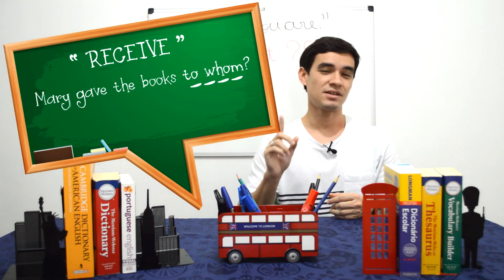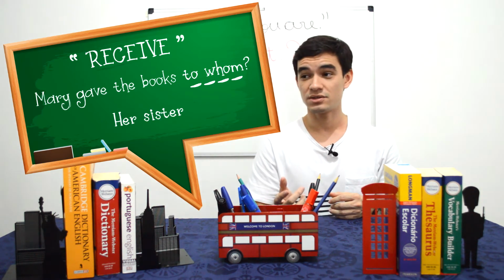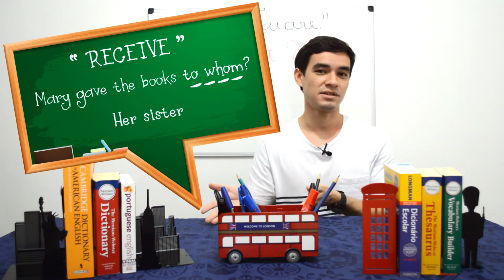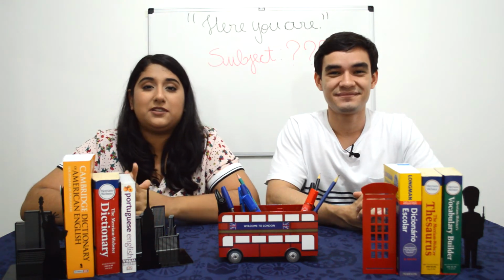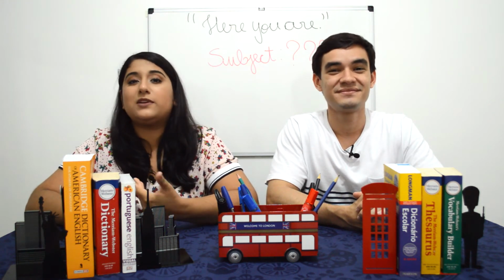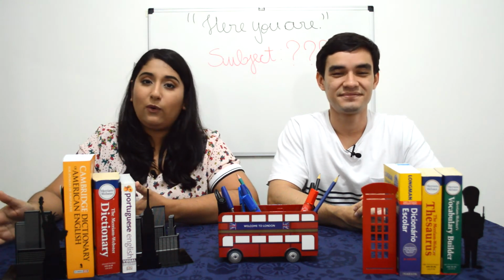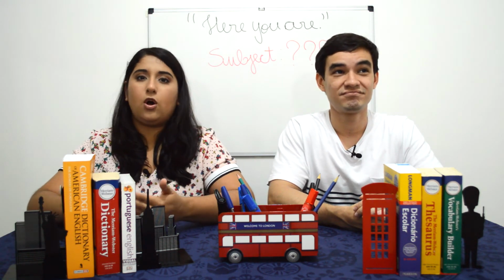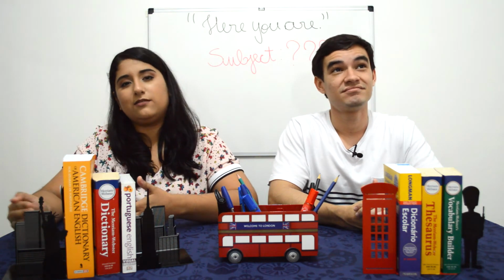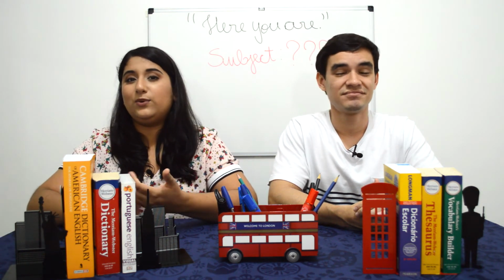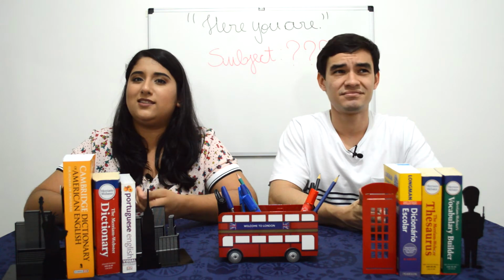The answer is our indirect object, which in this case is her sister. The indirect object is the one that receives the direct object from someone. So there is no indirect object without a direct object, since you can't receive something that doesn't exist, right?